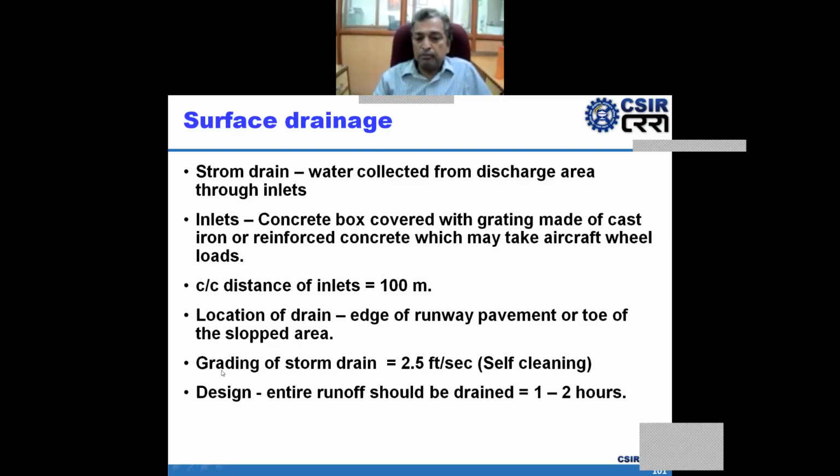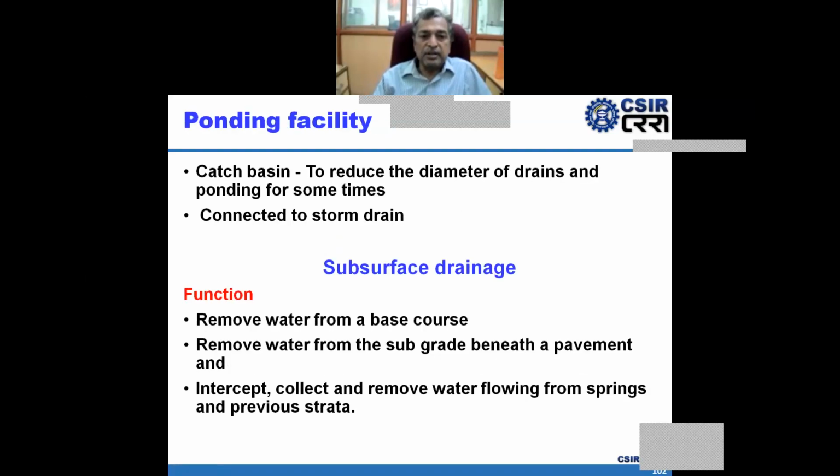Grading of storm drain 2.5 feet per second for self-cleaning, and the entire design runoff should be drained in 1 to 2 hours. So these parameters were considered during the design of the drainage system. Catch drain for ponding facility, catch basins to reduce the diameter of drains, and ponding sometimes connected to storm drains.